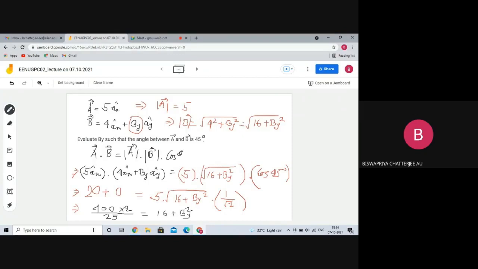So you solve now, it will be 16 into 2, 32. From there the answer would be by is 4. Yes, you are right, the answer should be 4. So if by is 4, then the angle between A and B must be 45 degree.